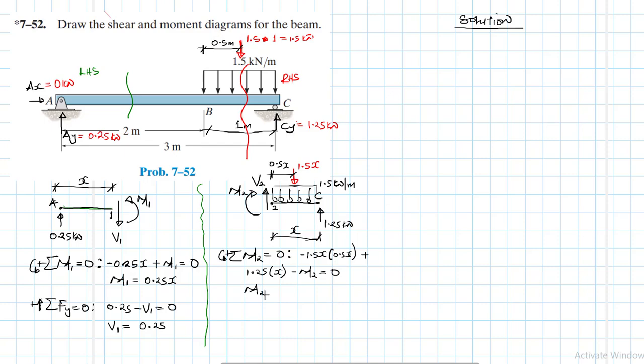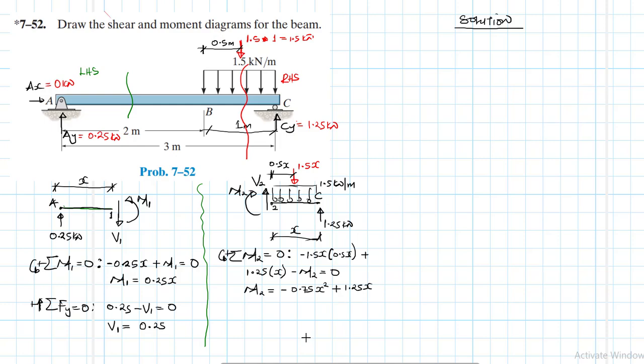Therefore, our M2 is just going to be equal to, what do we have? This one becomes a minus 1.5 by 0.5. We have a 0.75x squared plus 1.25x.